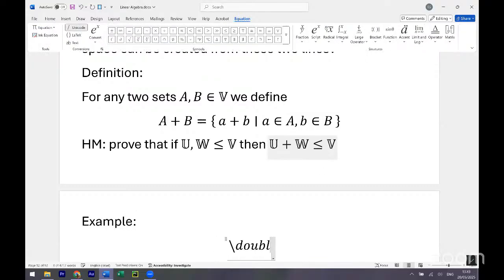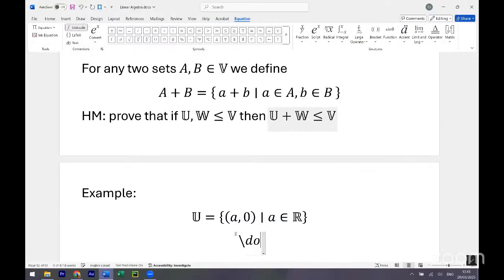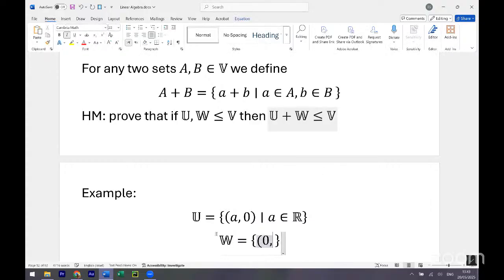Take U to be all of the elements of the type (a, 0), such that a is a real number. And W would be all the vectors of the type (0, a), such that a is a real number.